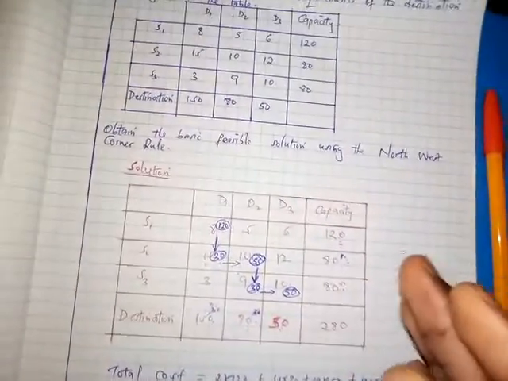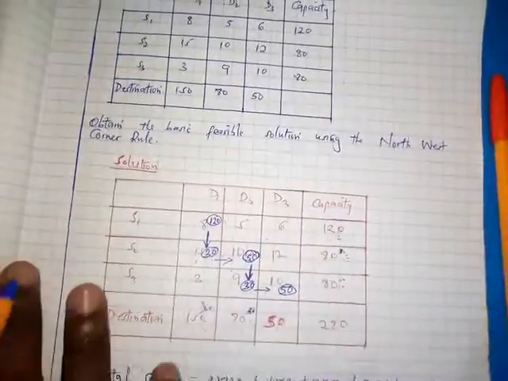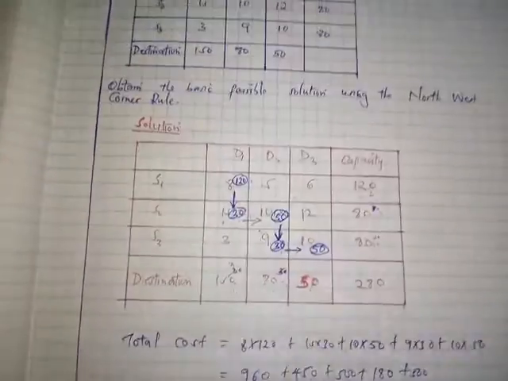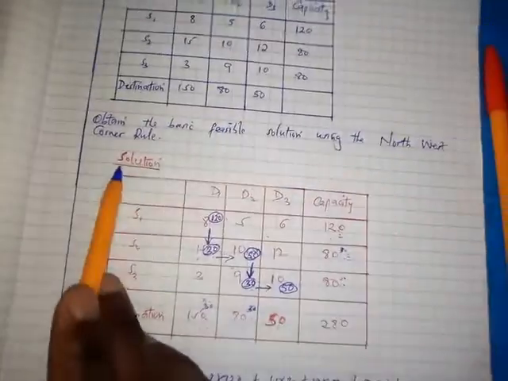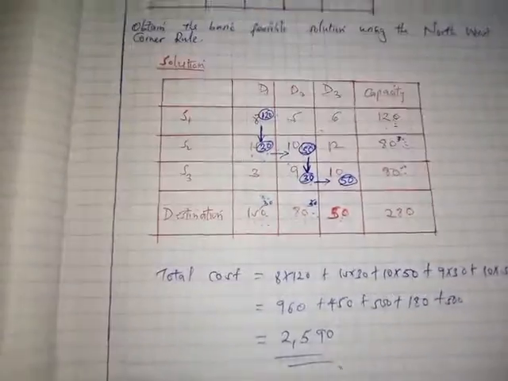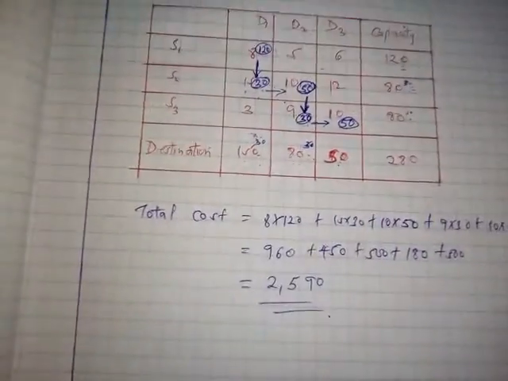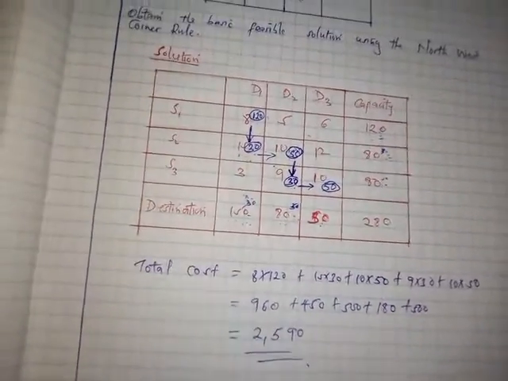Are we there? Hope you are together. Up to that point we are done. We have already obtained the basic feasible solution for this transportation problem using the northwest corner rule.